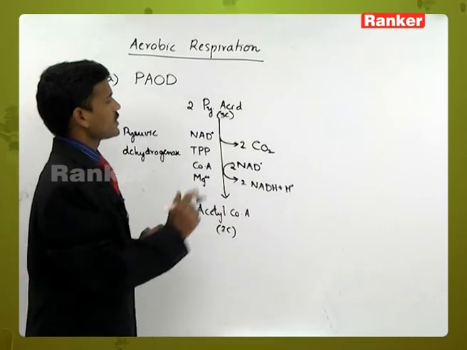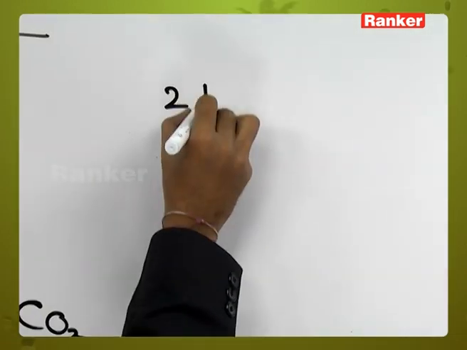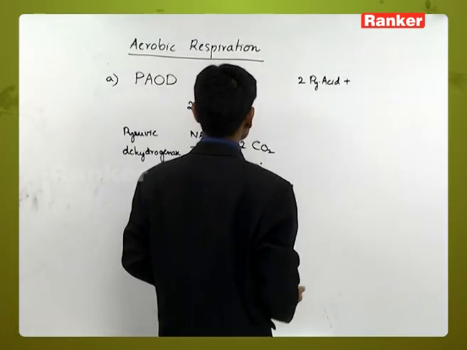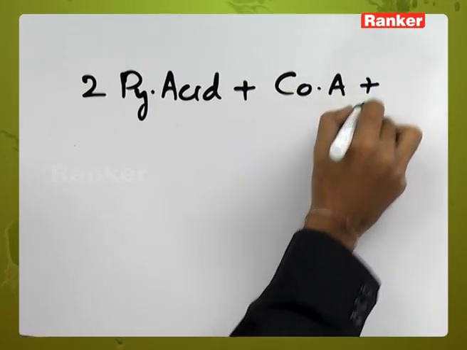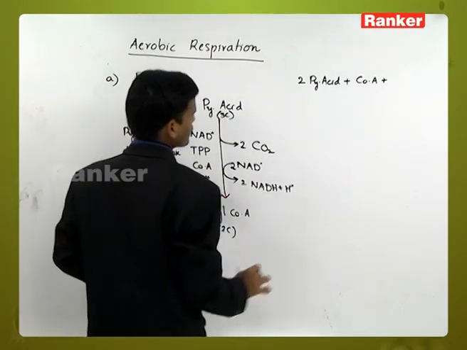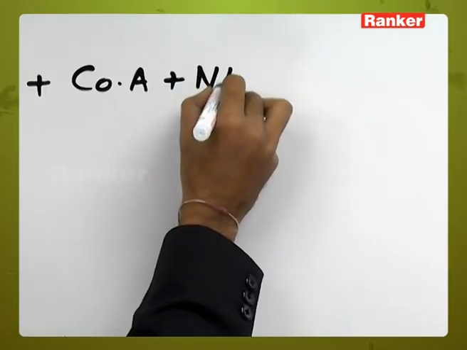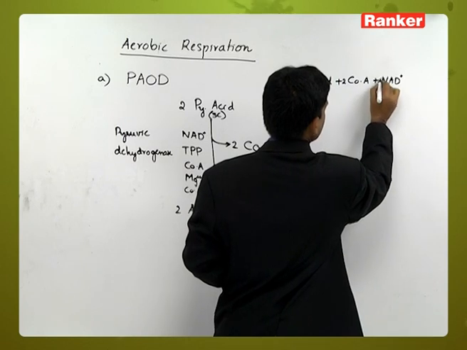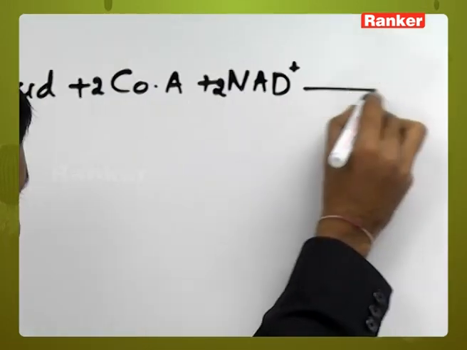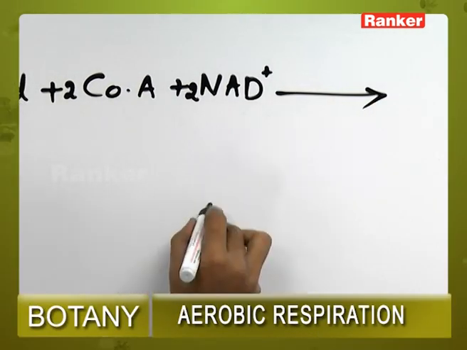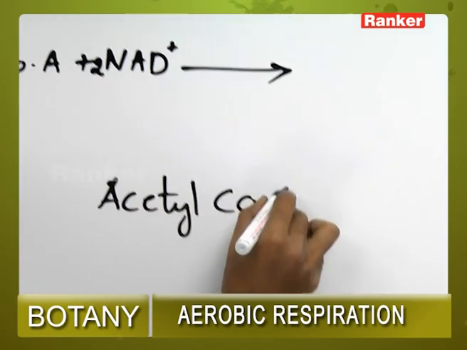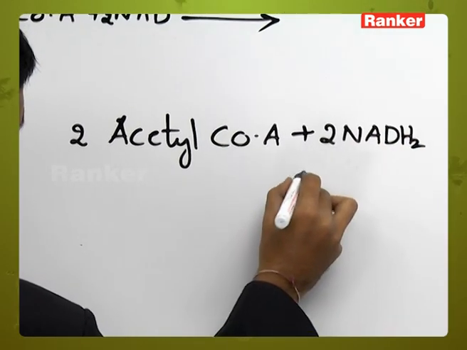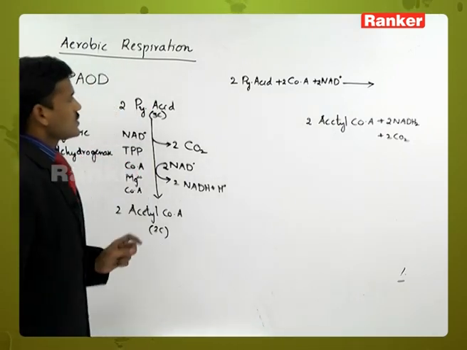The summary of this reaction: 2 molecules of pyruvic acid, 2 coenzyme A and 2 molecules of NAD plus are converted into 2 acetyl coenzyme A, 2 NADH2 and 2 CO2, in the presence of different cofactors.